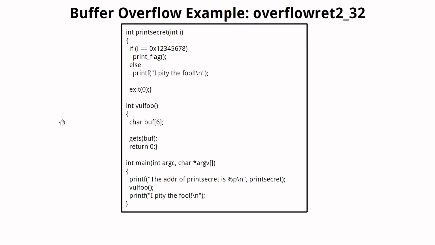The Overflow, the main function, they are the same. So the print secret function actually takes one parameter, and there has to be a specific value. And that is quite similar to the overflow local challenge you did last week. But here we only need to set up the parameter. We don't set up a local variable there.